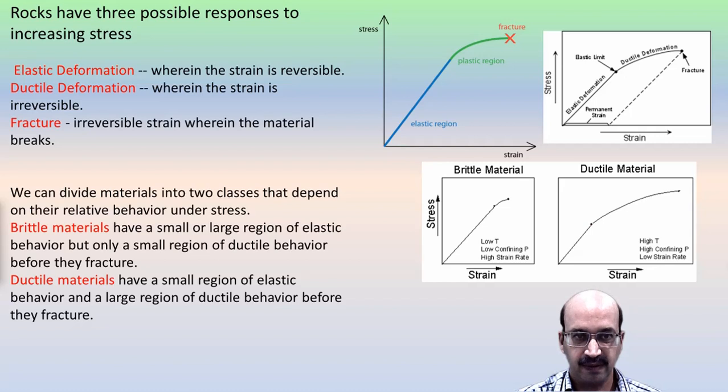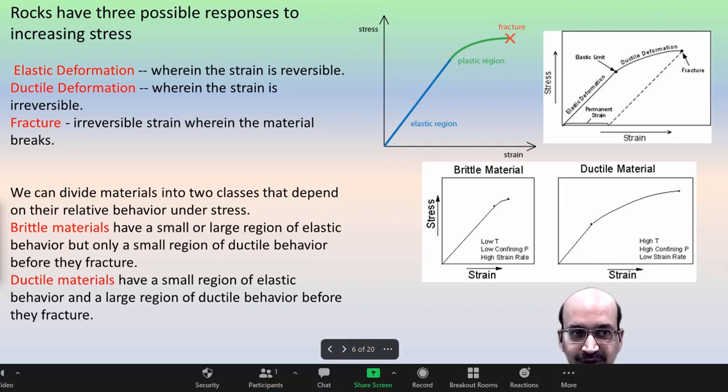Materials having a small or large region of elastic behavior, but only a small region of ductile behavior before they fracture, are called brittle materials. And the ductile materials have small regions of elastic behavior and a large region of ductile behavior before they fracture.